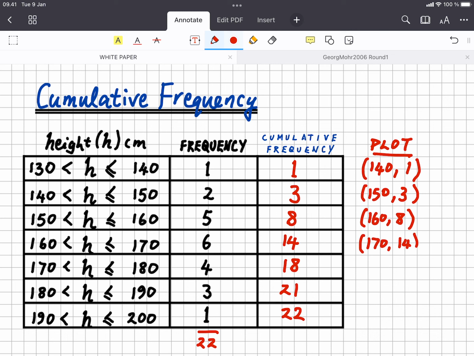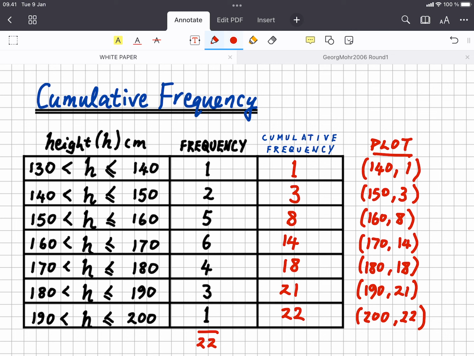And then in a similar way, I'm going to plot 170, 14, 180, 18, 190, 21, and 200, 22. So for each row, I'm plotting the height on the horizontal axis and the cumulative frequency on the vertical axis, showing me how many people I've got whose heights are up to and including that particular value.